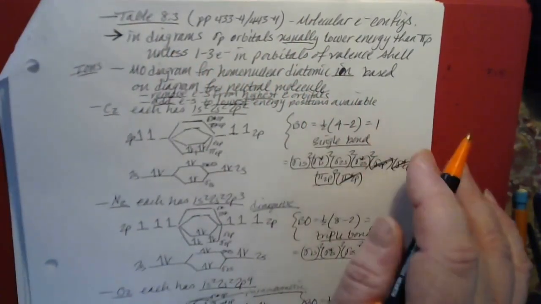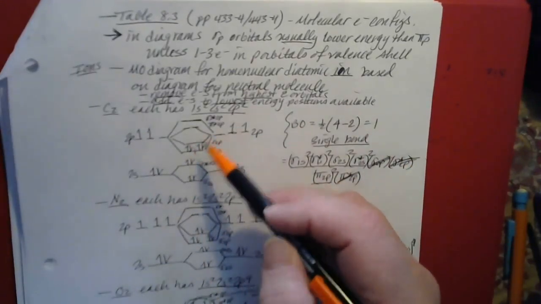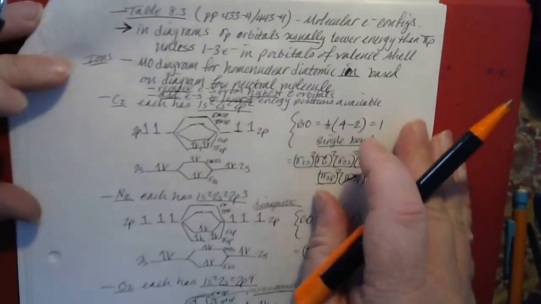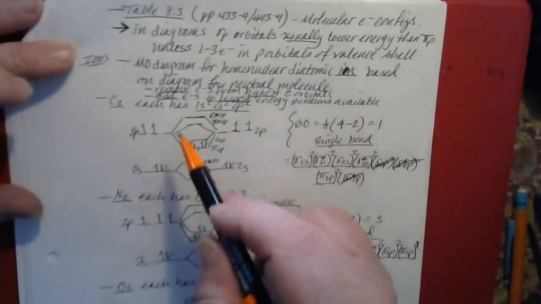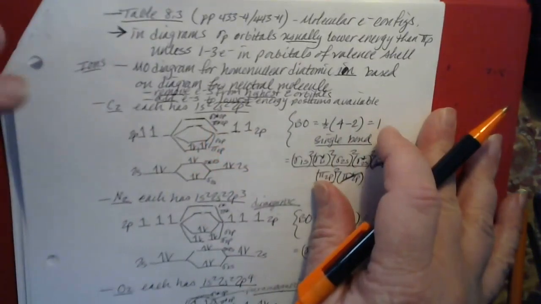Then let's see, the other thing I wanted to point out is that unfortunately, when you get into p orbitals in the valence shell, you can get the molecular orbitals moving around relative to one another.